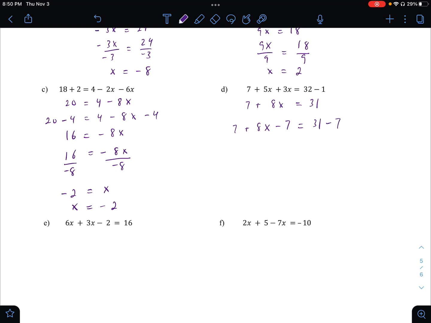Remember, what you do to one side, you have to do to the other side as well. That's going to leave 8x on the left side. And 31 minus 7 is going to be 24. Now we can divide both sides by 8 to isolate for x. So 8 divided by 8 is 1, or just x. And then 24 divided by 8 is 3.